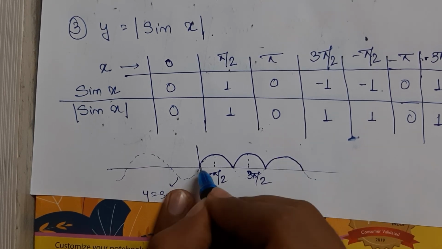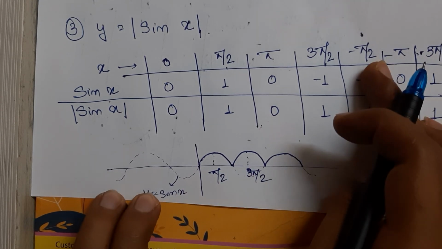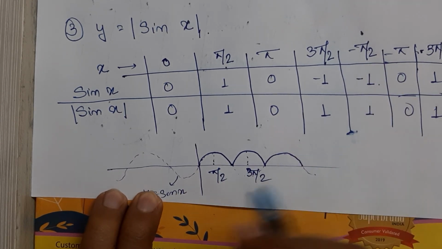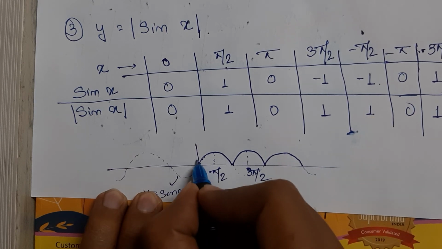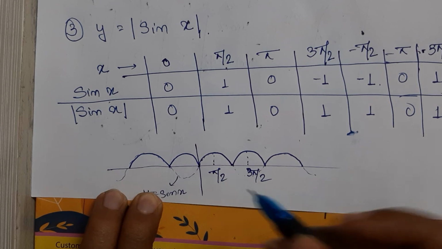Similarly for this. Now let us see the negative portion when x is negative. Earlier when it was minus 2 it would give minus 1, now it will give 1, so the graph will be like this, and again like this, right?